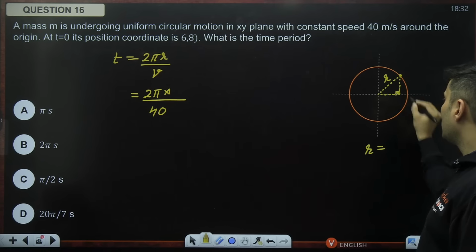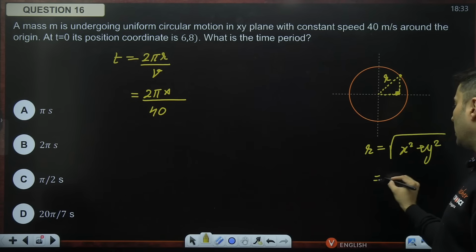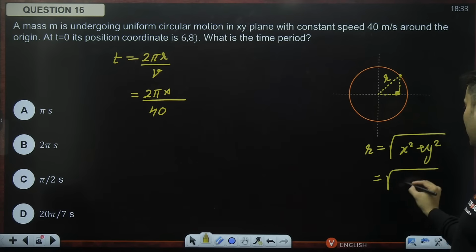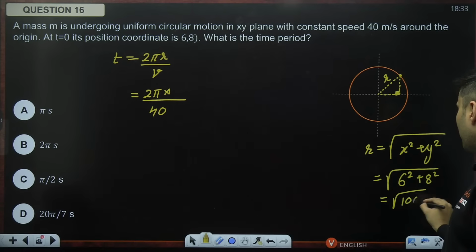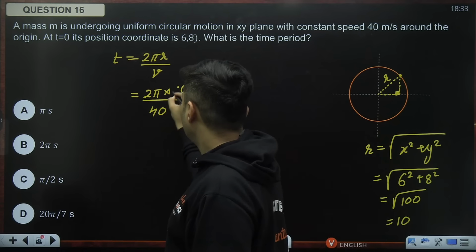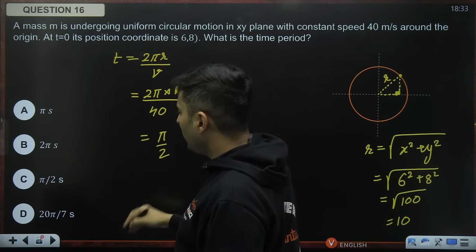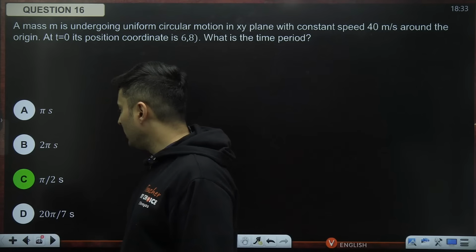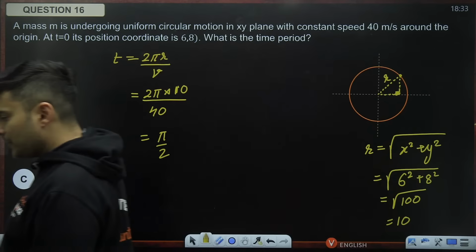So radius is nothing but 6 square plus 8 square, which is root of 100, which is basically 10. So just substitute the number 10 over here. The zeros will cancel. So it will become just pi by 2. So pi by 2 is option C. Absolutely the right one. Yeah. Perfect. Nice question.